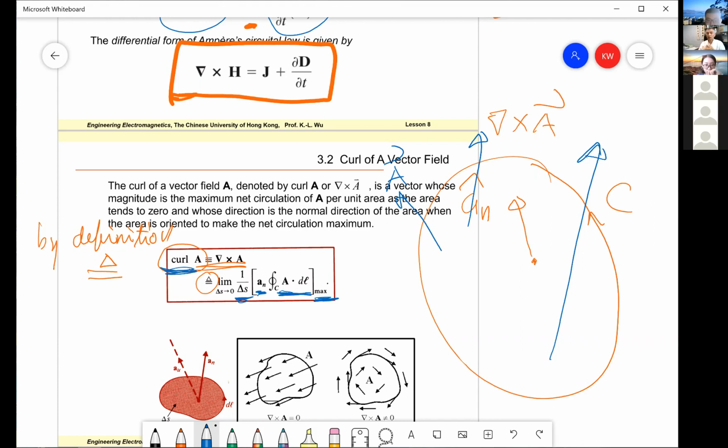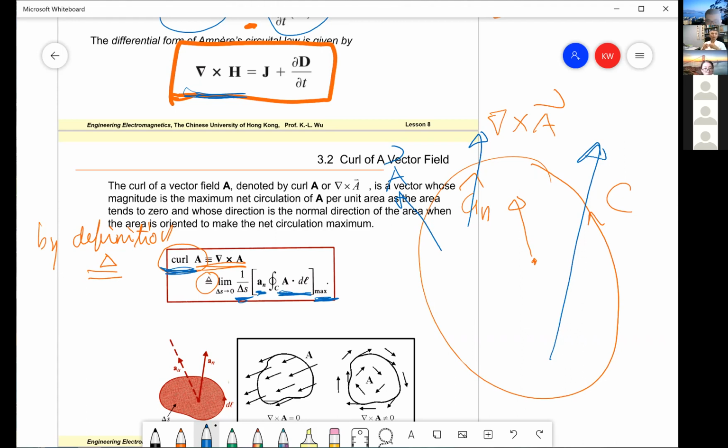So how do we reflect this maximum? We calculate this curl and take the component normal to the surface. That is the maximum flux we can collect.